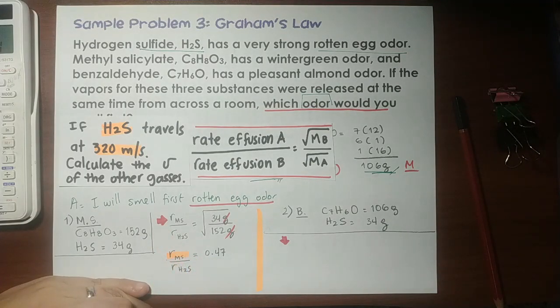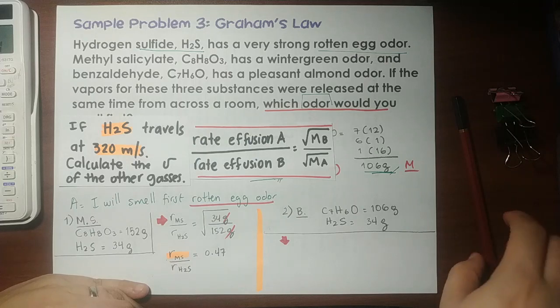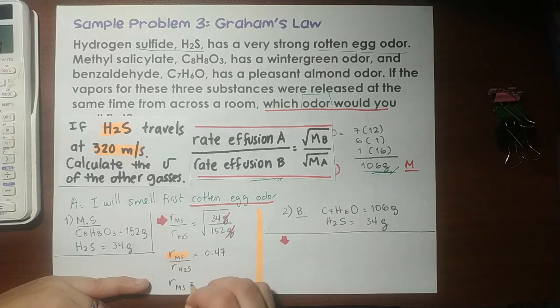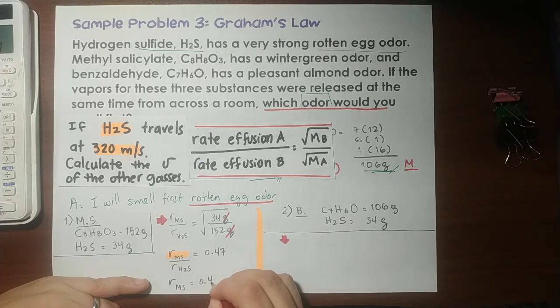Okay, so I isolate. That means that my ratio of hydrogen sulfide goes to the other side to multiply. So the rate of methyl salicylate is 0.47 times hydrogen sulfide.